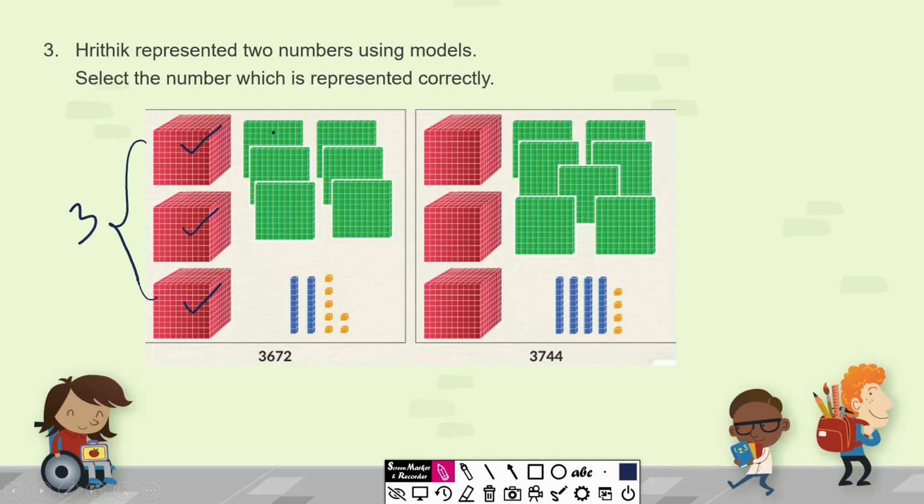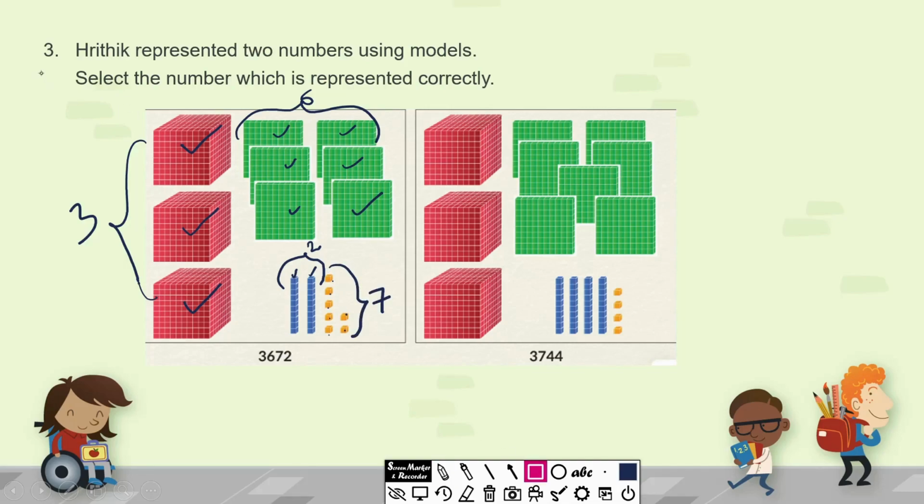How many flats we have? 1, 2, 3, 4, 5 and 6 flats. How many hundreds are there? 600, right? How many rods are there? 1 and 2. So how many tens are there? 2 tens. And how many blocks? 1, 2, 3, 4, 5, 6 and 7 blocks.